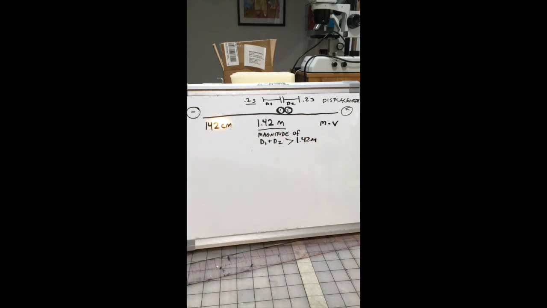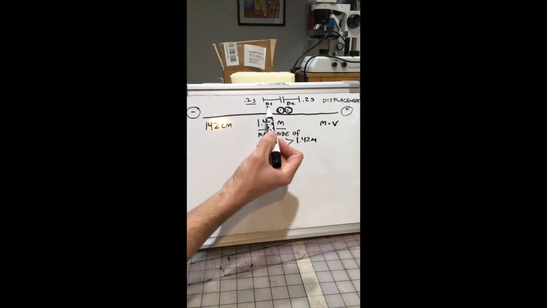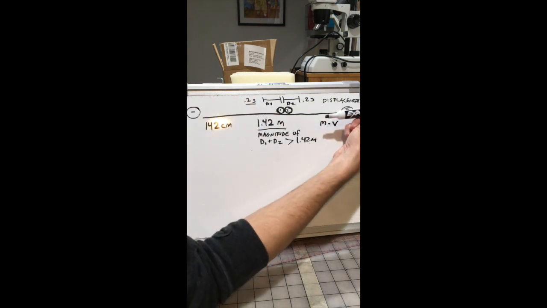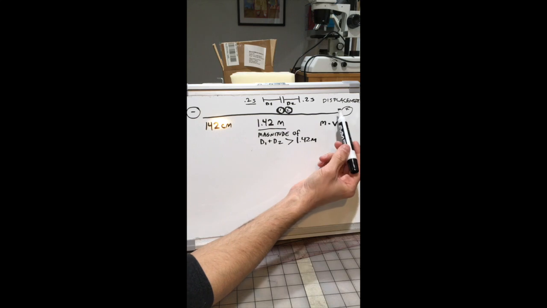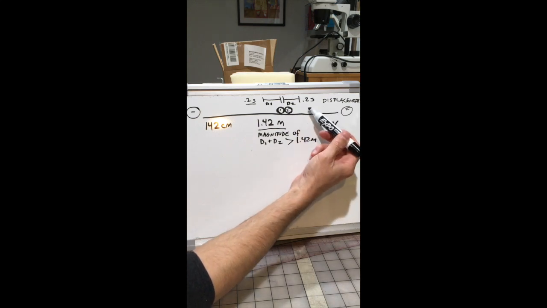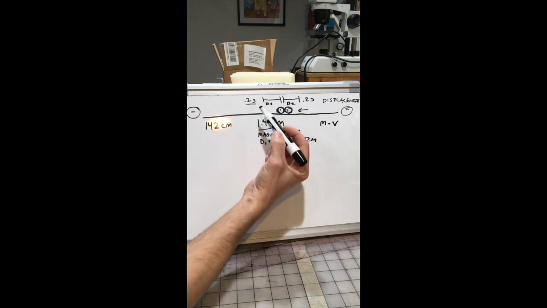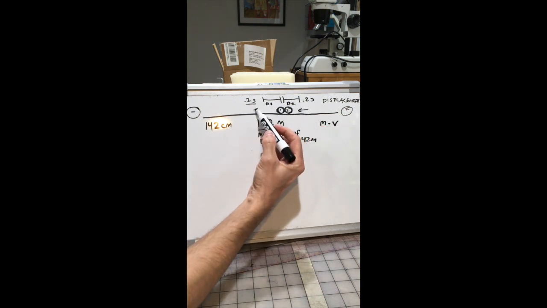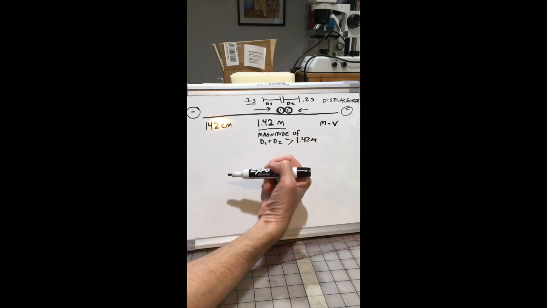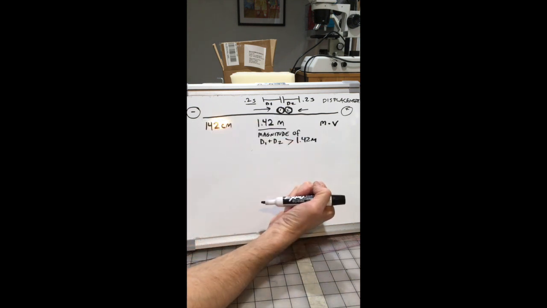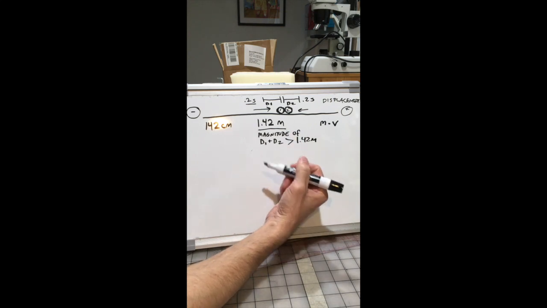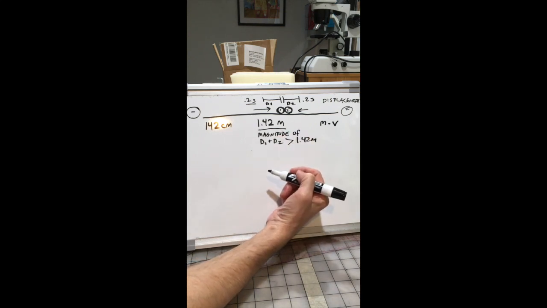So, I chose this side to be negative and this side to be positive. Once I choose my distances, that means marble 2 has a negative displacement. It's moving this way in the negative direction. And marble 1 is going to have a positive displacement moving in this direction, from negative to positive. So that should give you an idea about what these numbers should be.